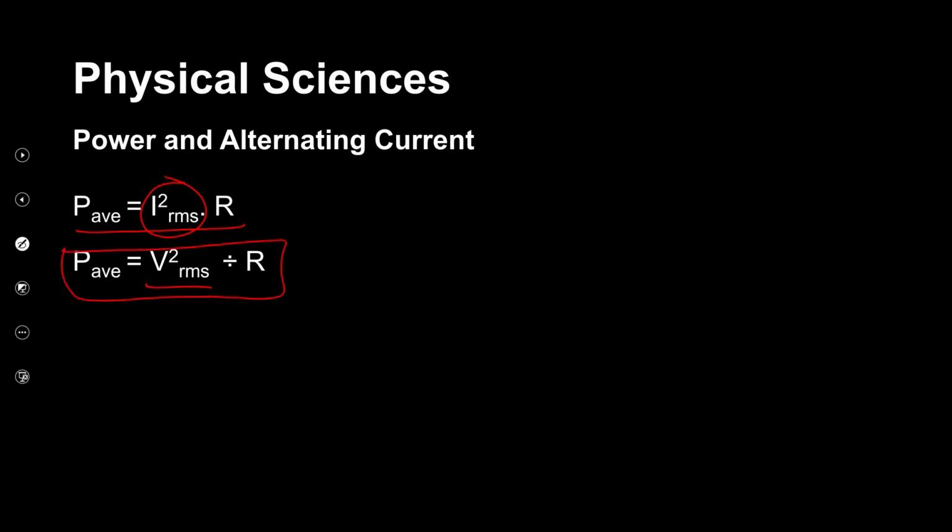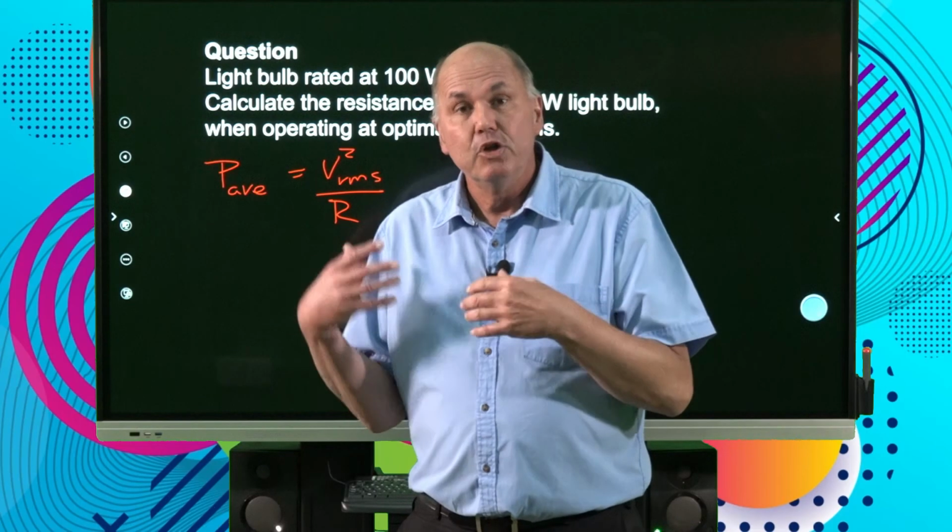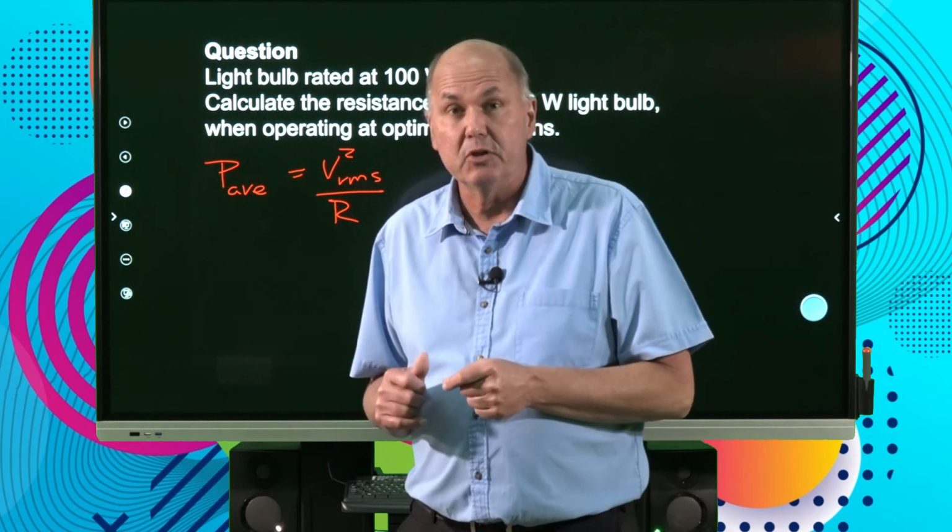We know that the average power of this light bulb is equal to V squared RMS divided by R. And as I said just now, that's the equation on the data sheet. Make sure that you write it down and you now substitute the values.